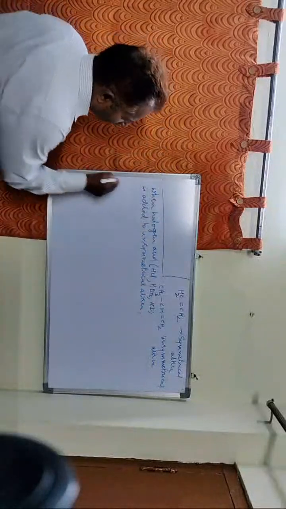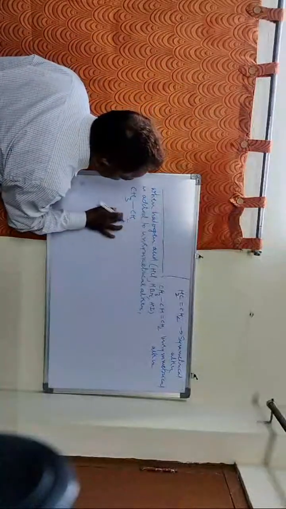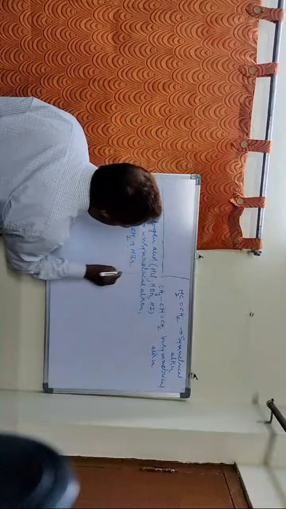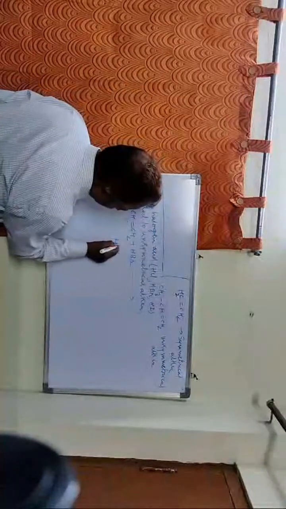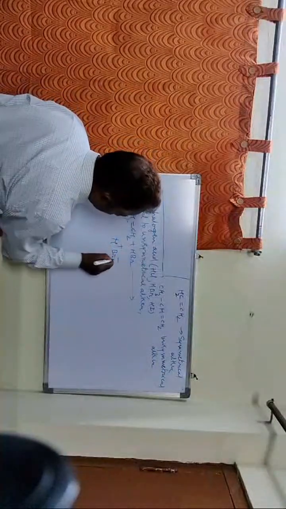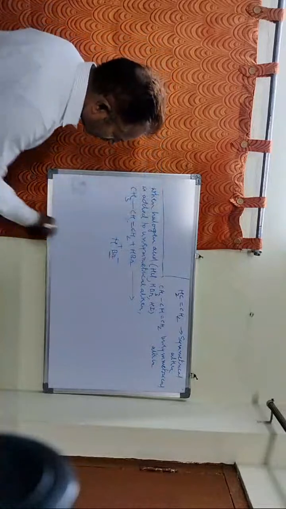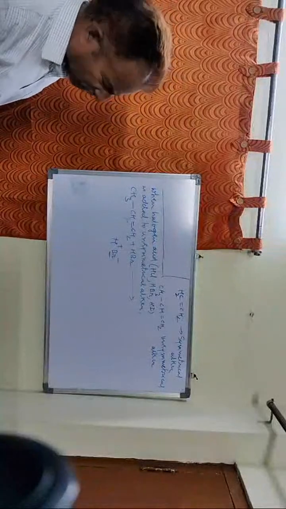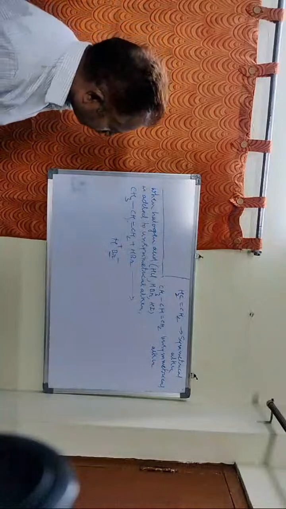See here, this is CH3CH=CH2 plus HBr. In this HBr, we have H plus and Br minus. This is the negative end and this is the positive end. So the negative part of the addendum is the part which is added to the double bond.